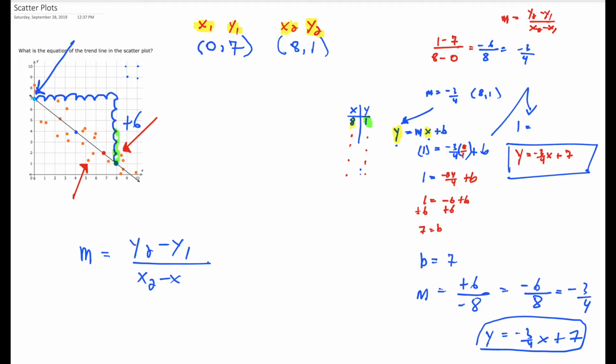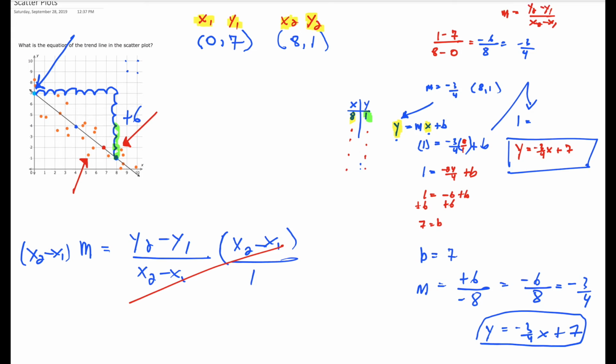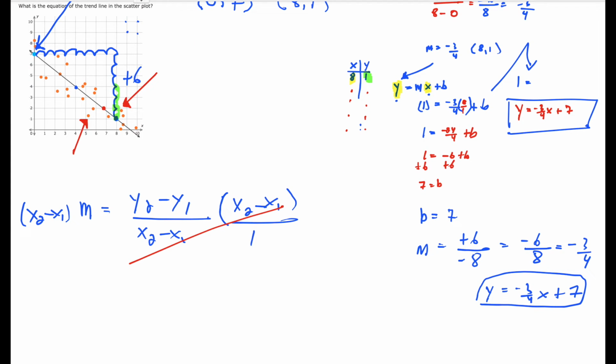Okay, now if I want to multiply both sides to get rid of my denominator, I can multiply both sides by x2 minus x1 over 1. And then over here, x2 minus x1. Then I'll put the m in the front, m times x2 minus x1 equals y2 minus y1.